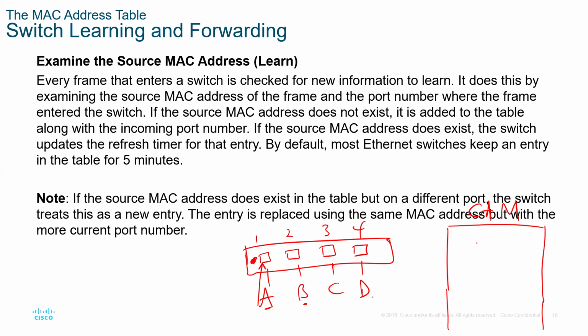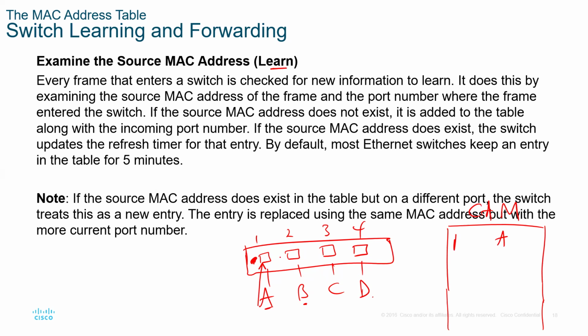It is empty, meaning it has no entry for B. So the moment it receives the frame, the switch adds the source A and port number 1 to its MAC address table. Right. It broadcasts, because there is nothing in the MAC address table for B.